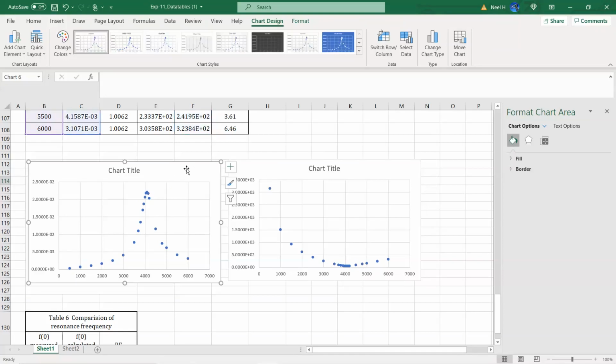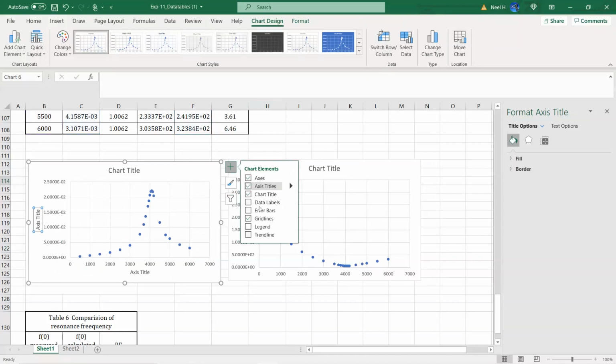That's the idea. So you don't fit this data. There's no meaning in fitting this data. And as usual, you can put the axis titles, but don't add the trend line. That's not meaningful. So for the axis titles of the first graph, we can say current versus frequency of RLC circuit.